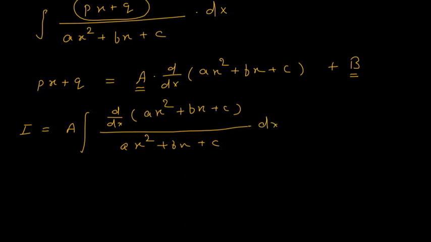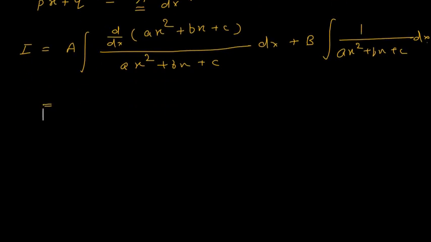Then I have plus b times 1 upon the integration of ax square plus bx plus c times dx. Now this first part has the derivative present in the numerator. So I will write this as a into log of the denominator. Integration of f dash x upon f of x is log of f of x.